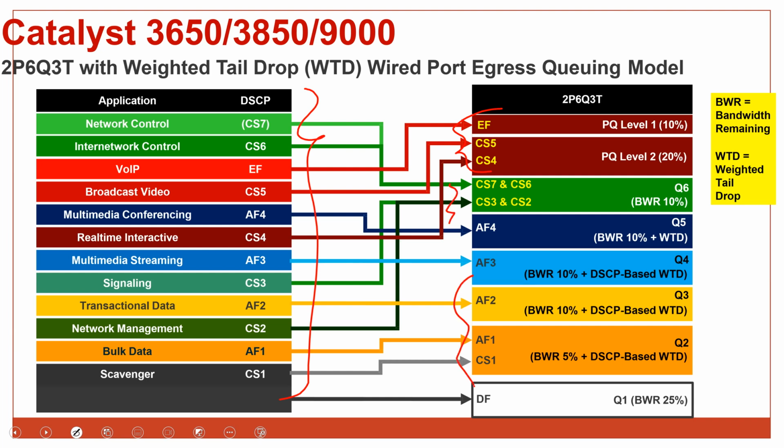Now within the queue itself, we are reserving bandwidth: 10%, 10%, 5%, 10%, 20% for the priority queue. Now, in normal routers and switches, you can do this configuration. And in SD-WAN also you can do the configuration, but we know that in SD-WAN we have a GUI as well. So in the GUI you will see one pie chart. That pie chart should be 100%.